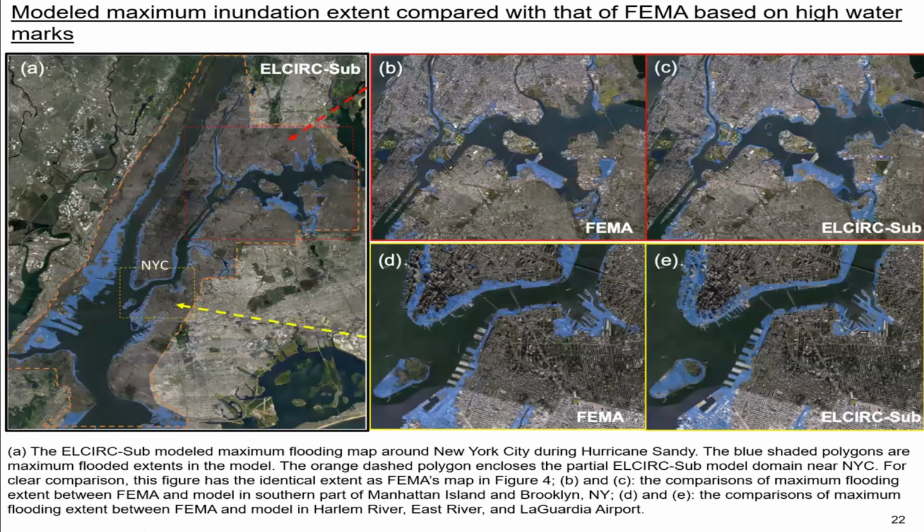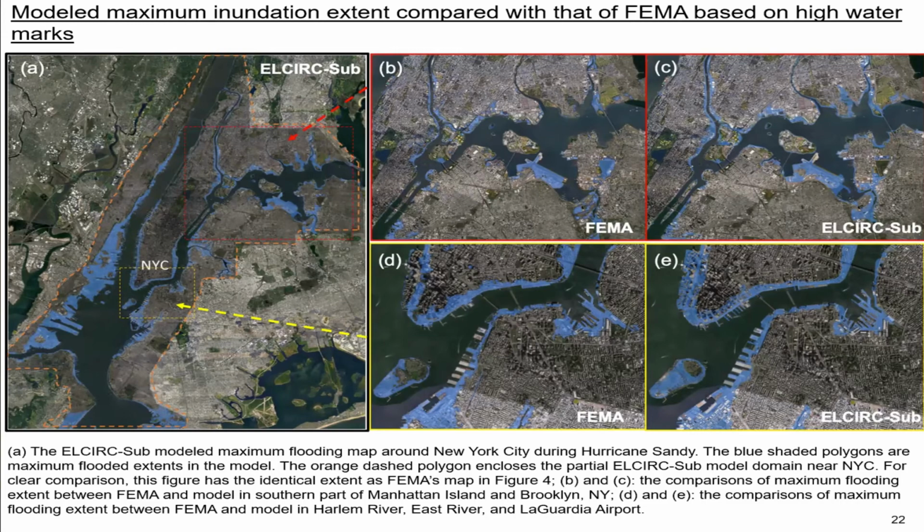And lastly, the important information for subgrid modeling is to look at the inundation extent. This panel shows that A is all the inundation in New York City, and then B, C, D, E show FEMA's inundation map compared with LSEG sub.